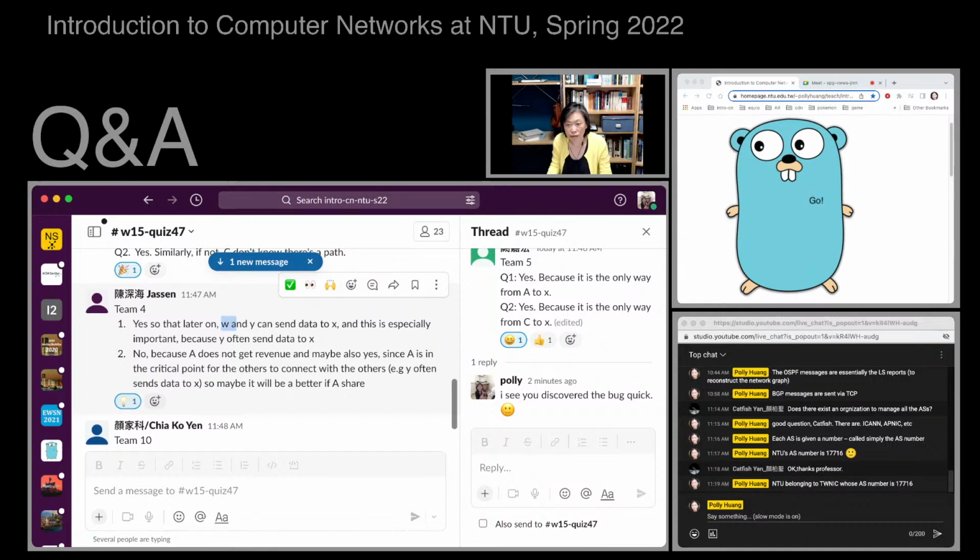Team 4 here sees that Y and X are not the only users on the network.